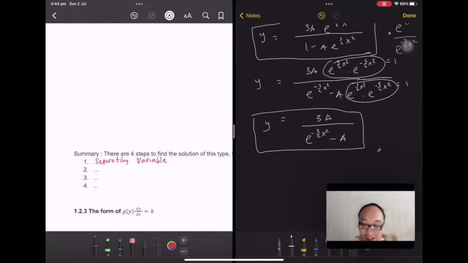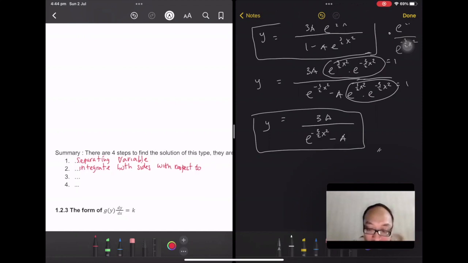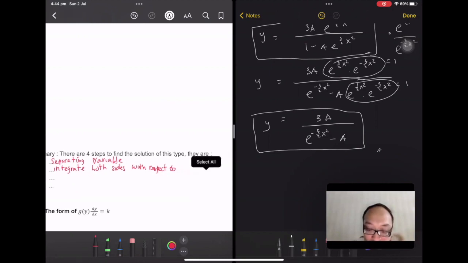And then after we do separating variables, we can integrate both sides with respect to x.